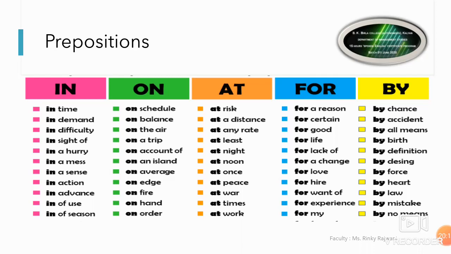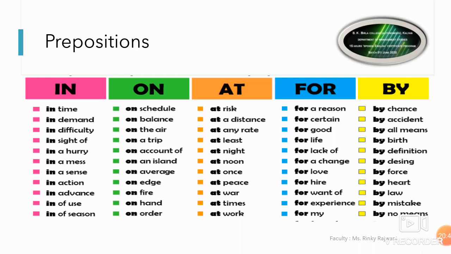Next preposition we can see is on: on schedule, on a trip. We had already seen this example. On an island. He had gone for a trip to an island, on an island. On fire, on hand, on order, etc. At risk, at a distance.